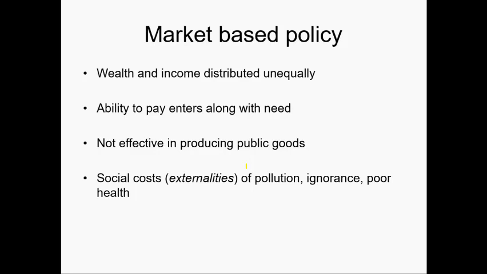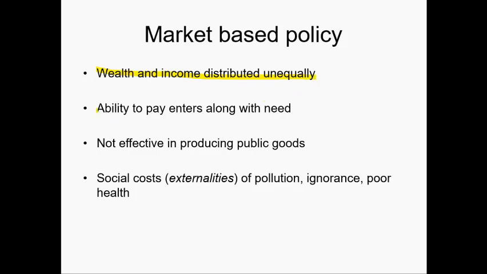People can exploit the market in order to try to meet those needs and get profit. So what we've seen, just as we've seen already with capitalism, is that with market-based policy, wealth and income are not distributed equally. And in order to alleviate that, you're going to need some sort of regulation or state intervention, some sort of monitoring to try to keep it from becoming dysfunctionally unequal.